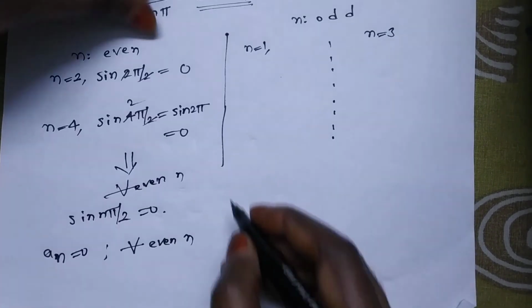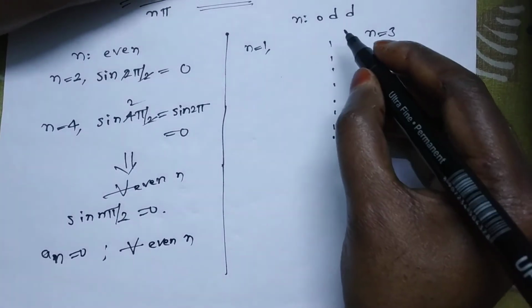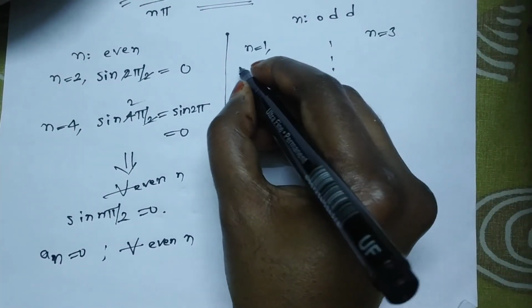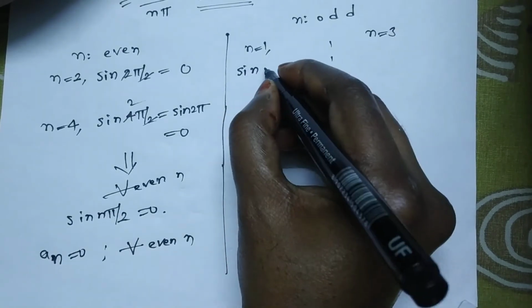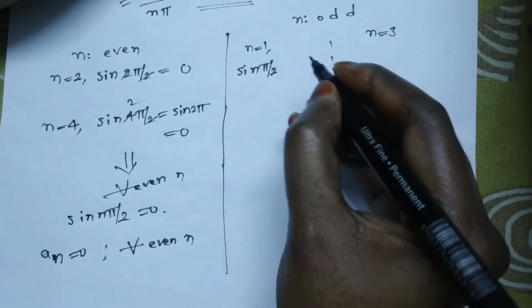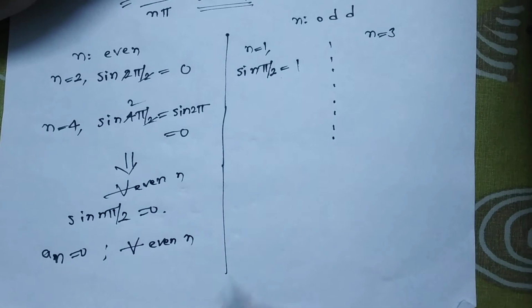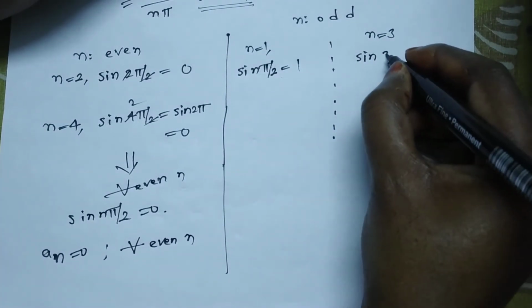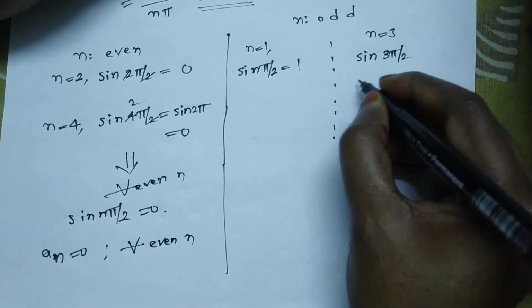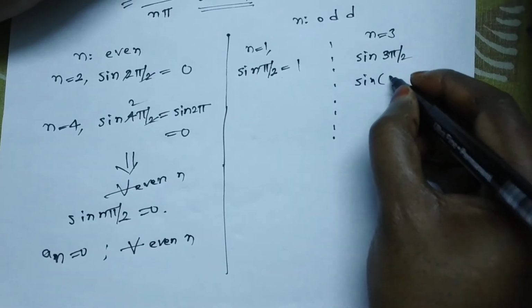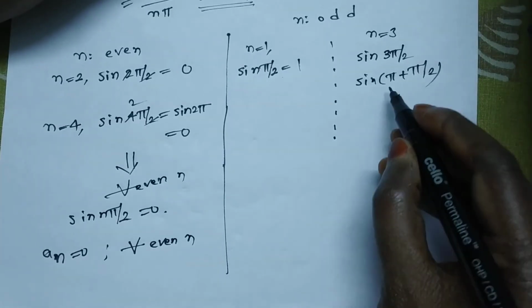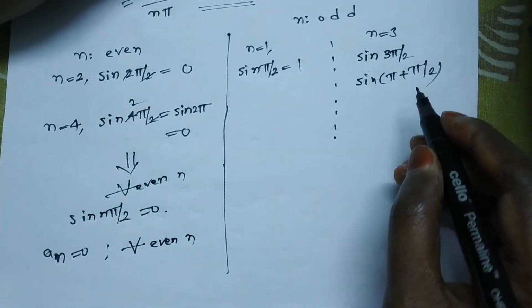Let us check for the odd values of n. For n is equal to 1, sin pi by 2, sin 90, is 1. Next, for n is equal to 3, sin 3 pi by 2, that I can write as sin of pi plus pi by 2. Do you remember the rule, all silver teacups? 180 plus means which quadrant? Third quadrant.